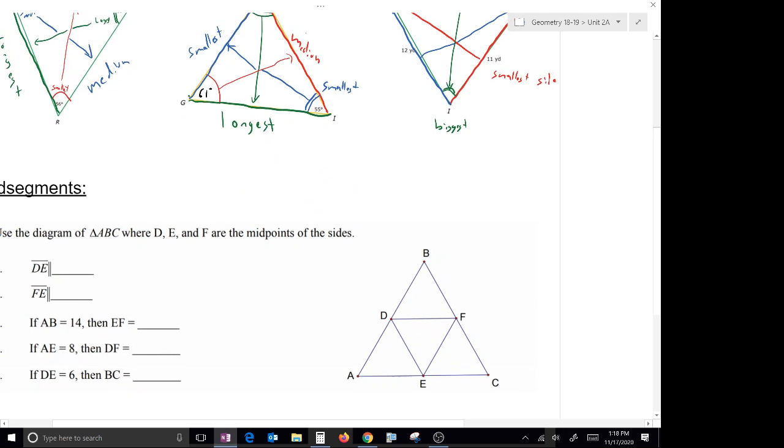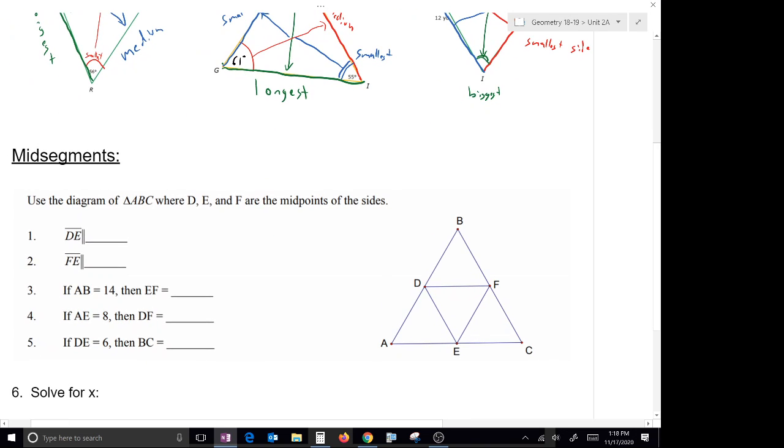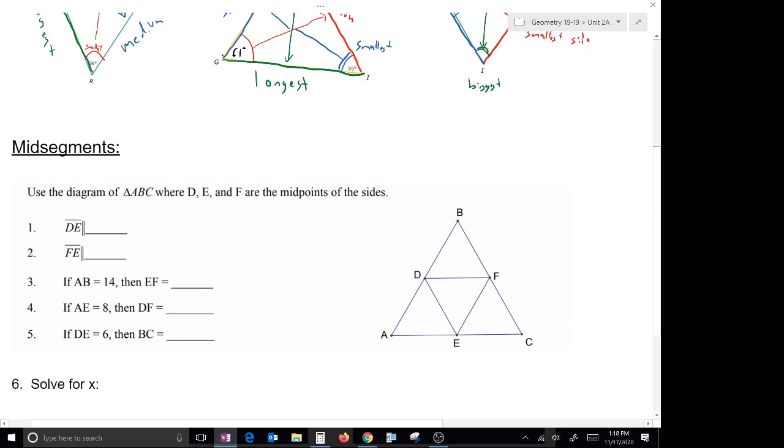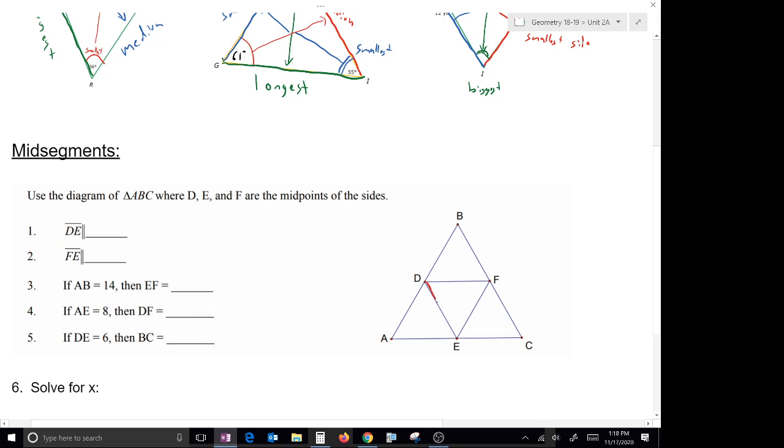So, the first question is asking, what is parallel, that's the symbol for parallel, to DE. So I'll just highlight that there. And the side that's going to be parallel to DE is going to be BC. So that's the corresponding side. Okay.